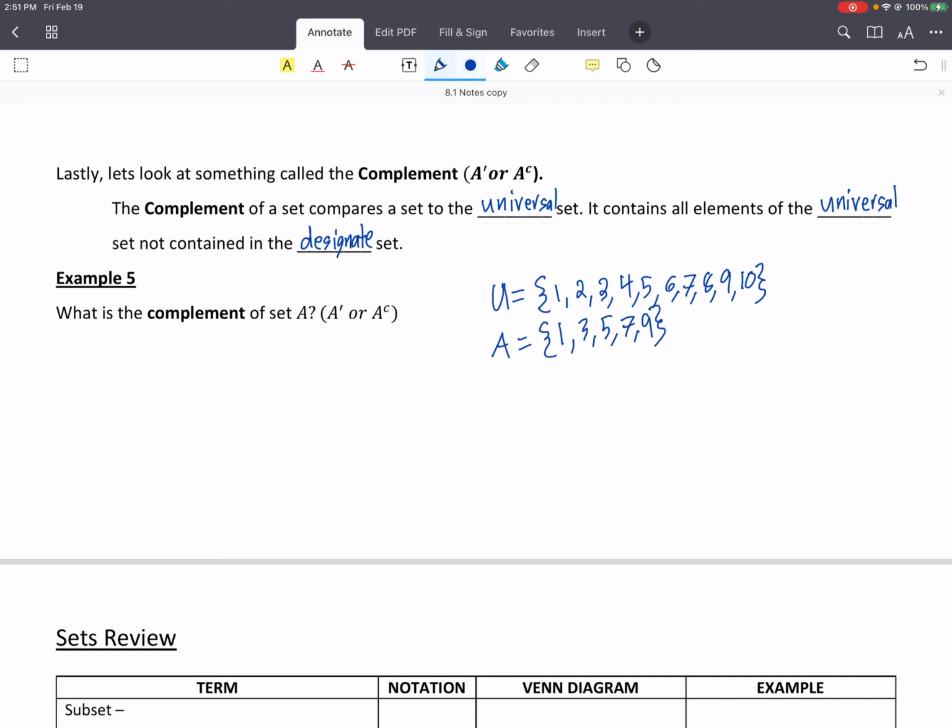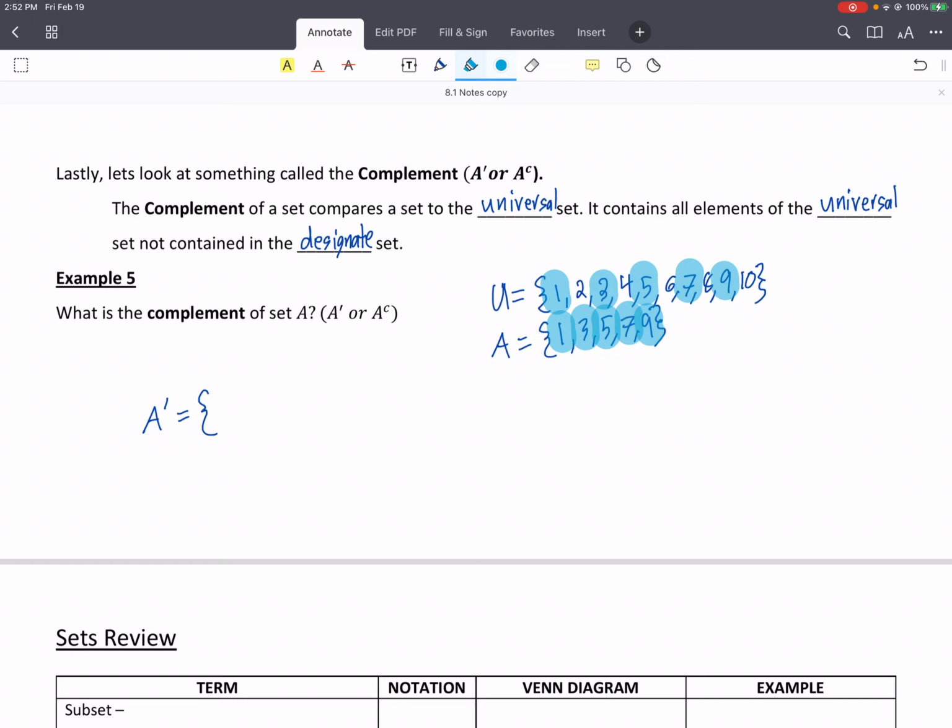So the complement would be anything that's in the universal set but not in A. So we'd have A prime, that's equal to this set of numbers. So we want everything that's not in A. So 1's in there, so we wouldn't use that. 3's in there. 5's in there. 7's in there, as well as 9.